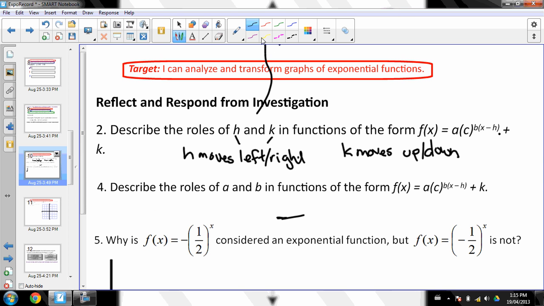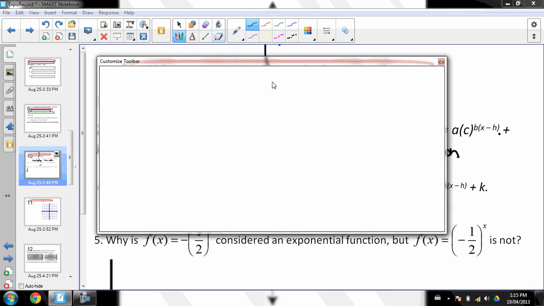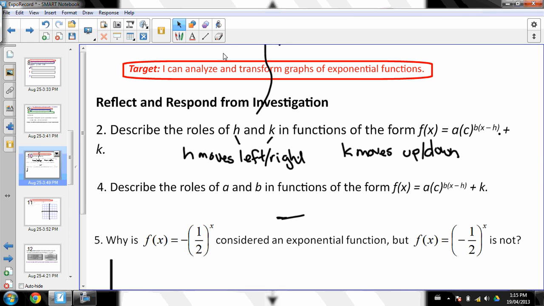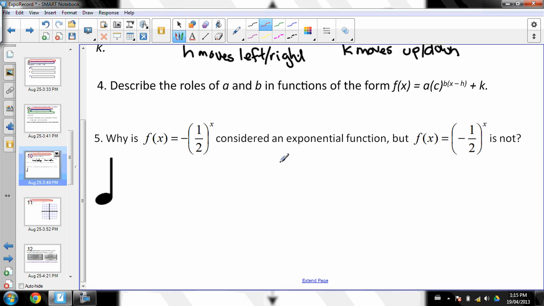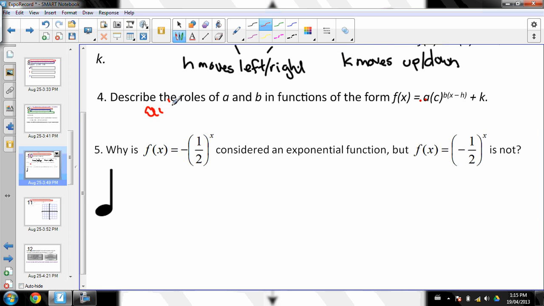Now they ask us to look at a and b. So we're looking at a and b here. So a and b, we can see are multiplied, so those are our stretches. So a here is our vertical stretch. So you would take all of your y's multiplied by a. So a equals your vertical stretch.